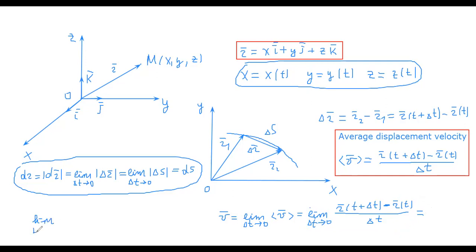Limit delta x to 0, function f from x plus delta x minus f from x divided by delta x.